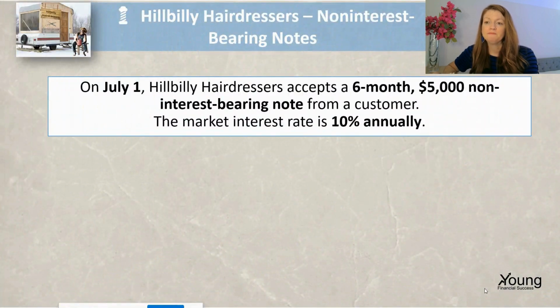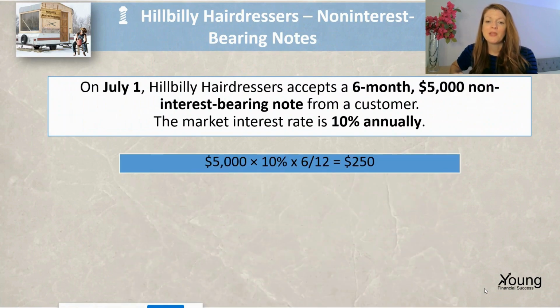So let's look at it. July 1st, Hillbilly Hairdressers accepts a 6-month, $5,000 non-interest bearing note. Hillbilly Hairdressers not even charging interest. But the market interest rate is 10% annually. That's pretty high, but it makes the numbers a little easier. So the $5,000 times 10% for half a year, it's only for 6 months, would be $250 in interest.